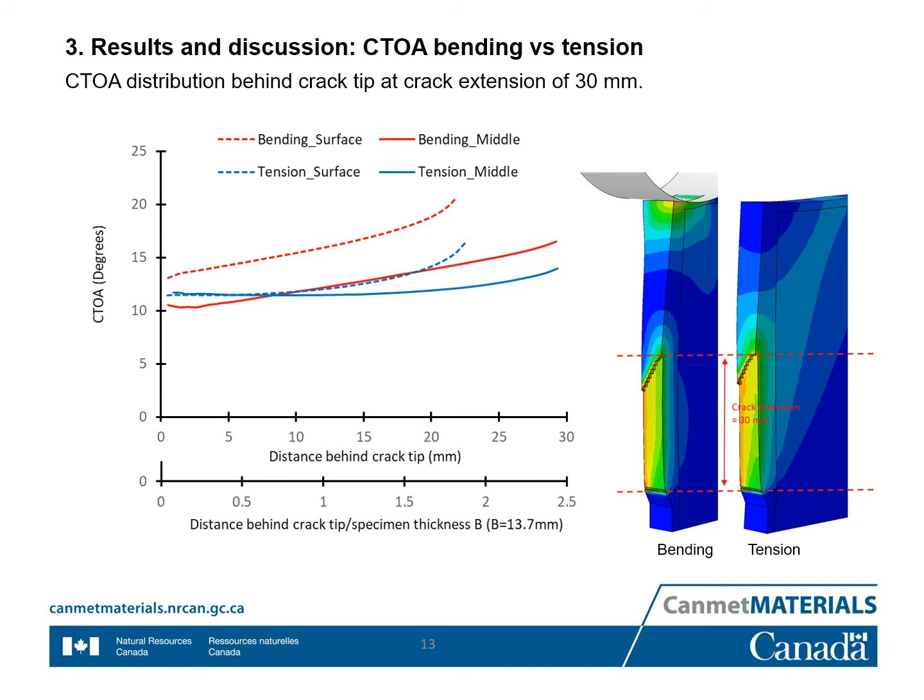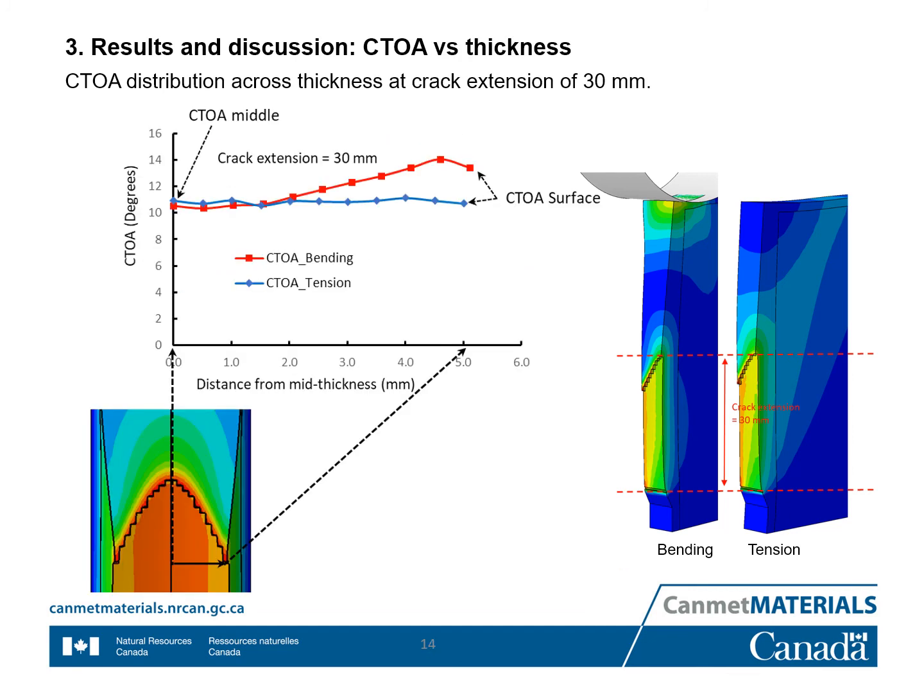At distances larger than 10 millimeters, the CTOA on the surface becomes larger than that in the interior. While for the bending model, the CTOA measured on the surface is always higher than the CTOA measured in the interior.